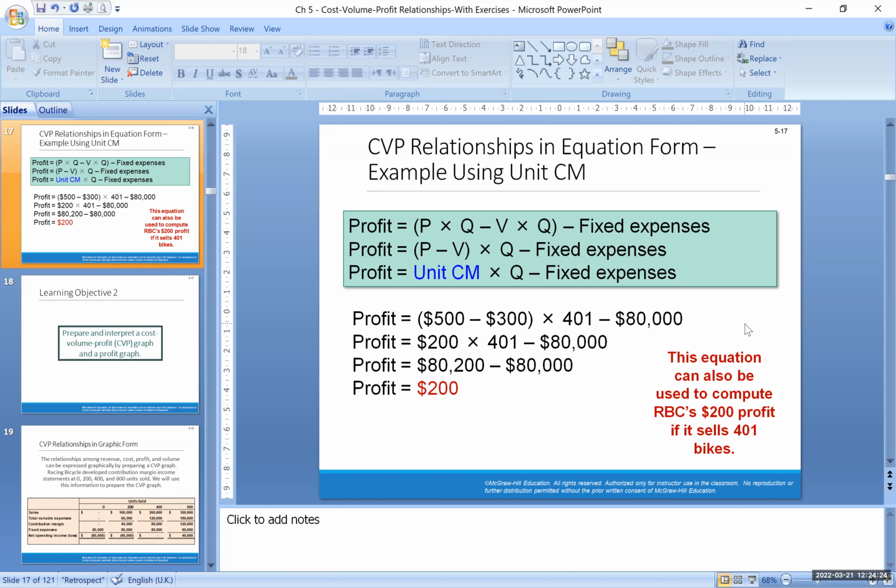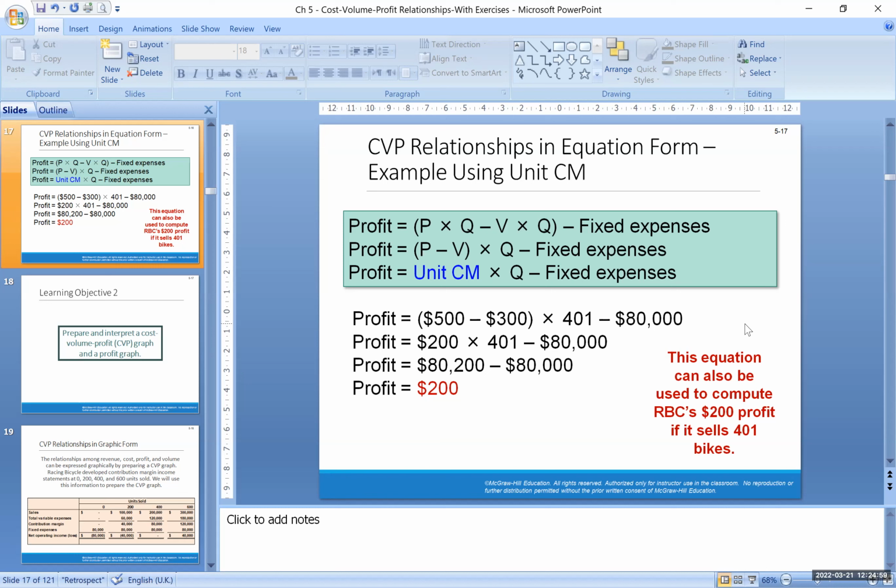So $200 contribution margin per unit multiplied by 401 equals $80,200. $80,200 minus total fixed expenses, which is 80,000, equals $200. This equation can also be used to compute the company's $200 profit if it sells 401 bikes.